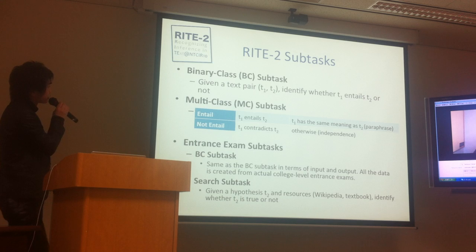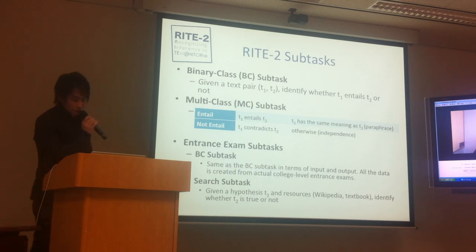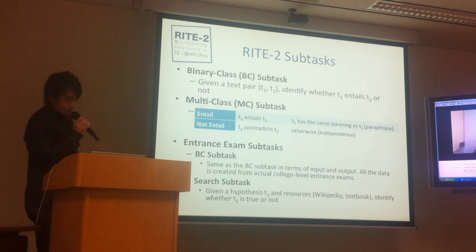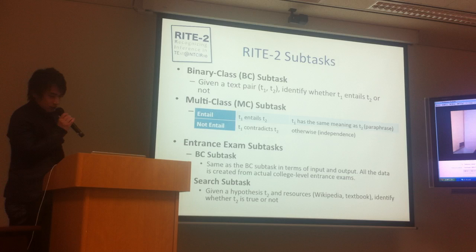In the binary class subtask, given a text pair, T1 and T2, systems are required to identify whether T1 entails T2 or not. The setting of the BC subtask is the same as the previous NTCIR-9 RITE setting.